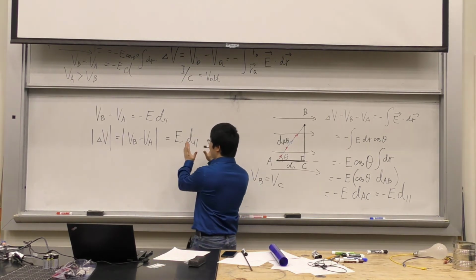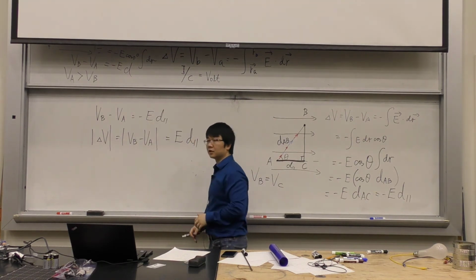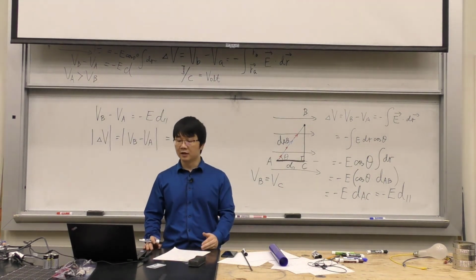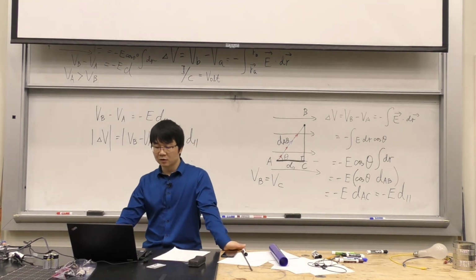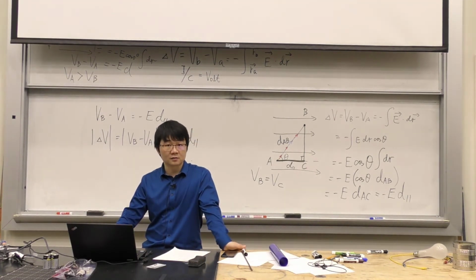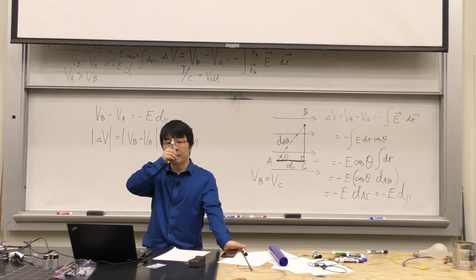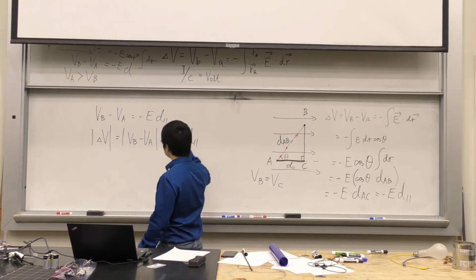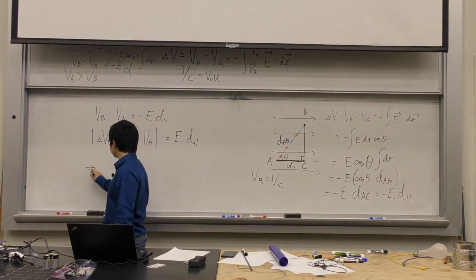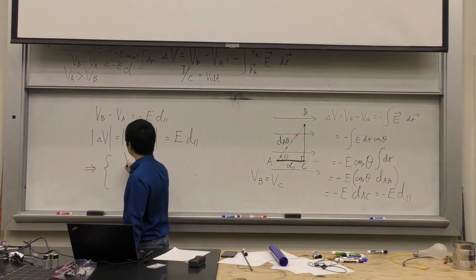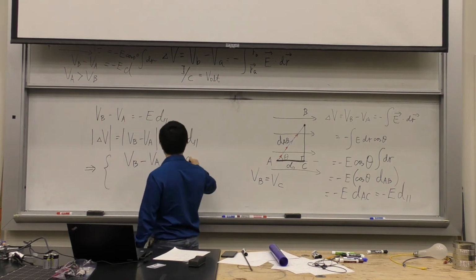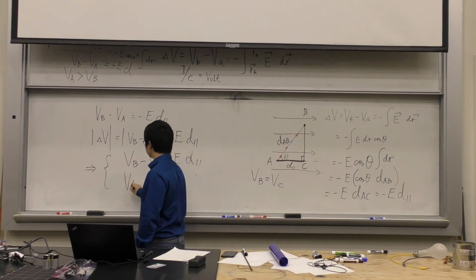So the value of the difference is going to be this. But then how do I know if A is higher or B is higher? I take a look at the direction of the electric field lines, and then I can determine if A is higher or B is higher. Then that's going to give me 2 options. So I can pick if this is true or this is true.